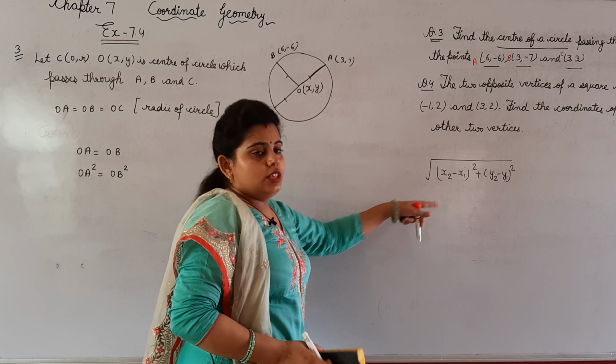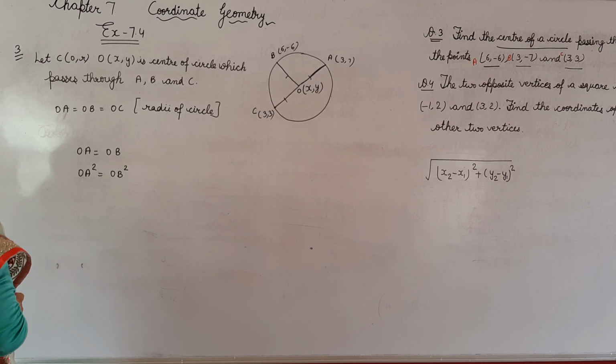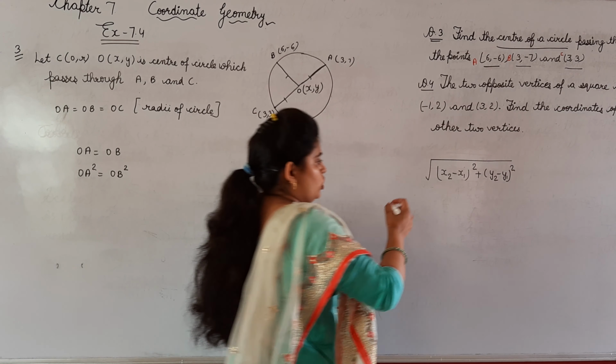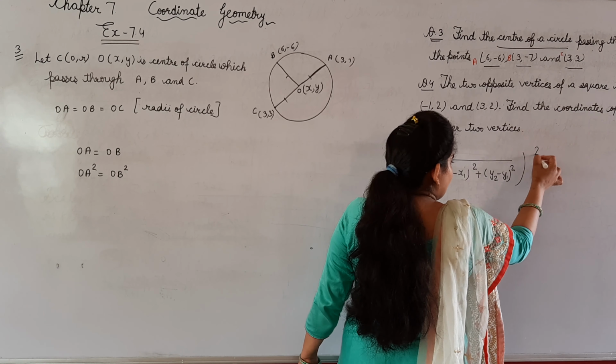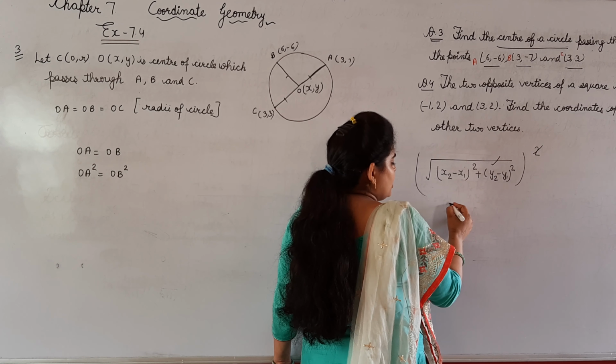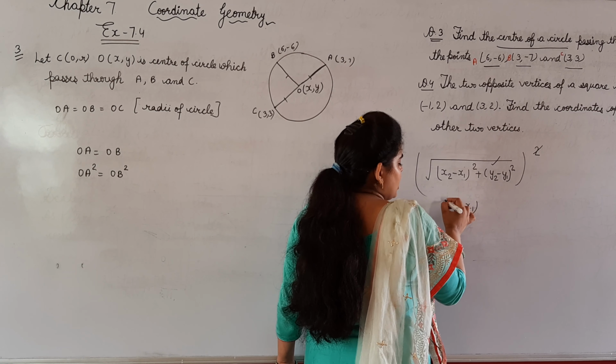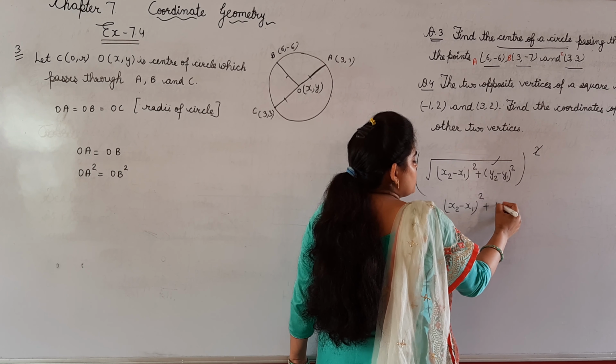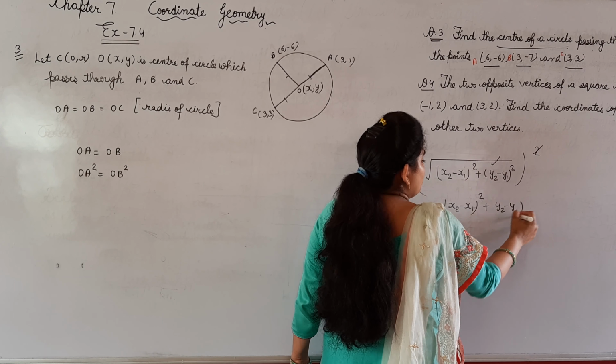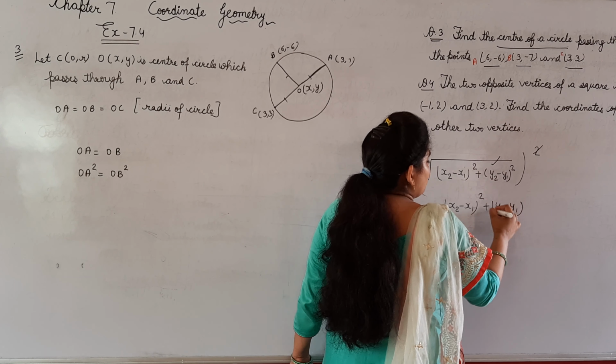We will use this formula. And if we are doing it square, on doing it square, what we will get? Square root cancel out. We will get x2 minus x1 whole square plus y2 minus y1 whole square. So we can write directly this line.